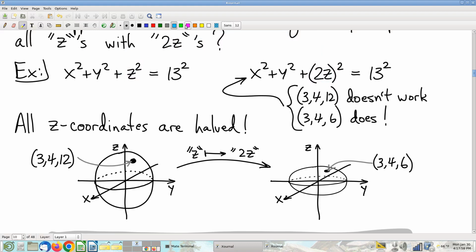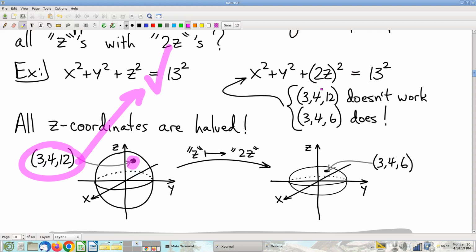I'm going to give you just kind of the intuitive version of it. I'm not going to be rigorous about this. But this point right here, (3, 4, 12), you plug this in and this equation works, but this equation obviously doesn't. Clearly the numbers are wrong. That extra factor of 2 just completely screws things up.